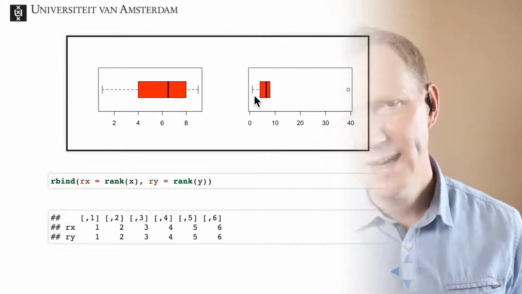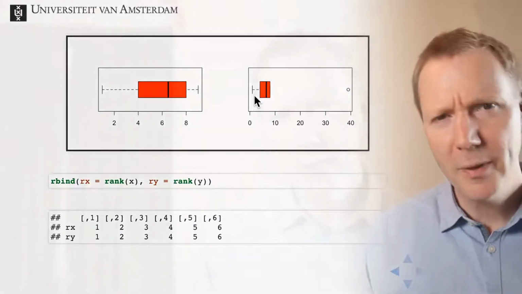So the thing that the non-parametric tests do essentially is rank the scores that you attained. It's in essence ordering those scores that you have from low to high.